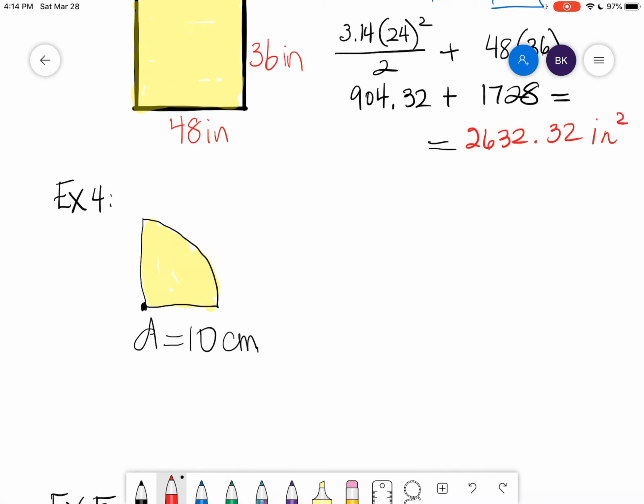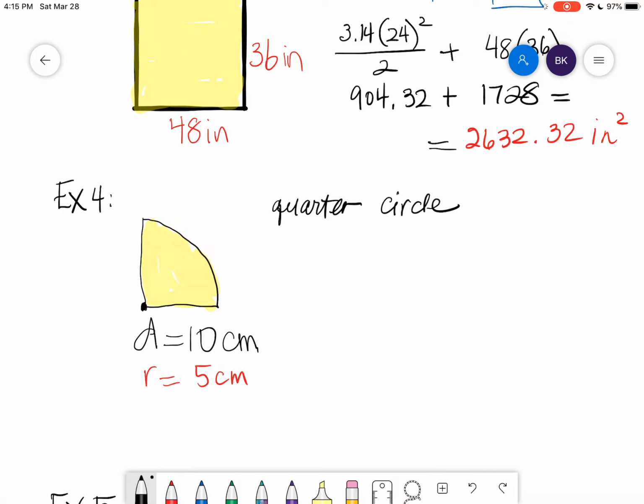Anyhow, moving on to example number 4. Let's see, what kind of shape is that? I wonder what you see, because I see a quarter circle. Let's write that down. This is a quarter circle. So basically, you're going to find the area of the entire circle and divide it by 4. Diameter is given to you. It's 10 centimeters. That means radius is going to be 5 centimeters, 10 divided by 2.